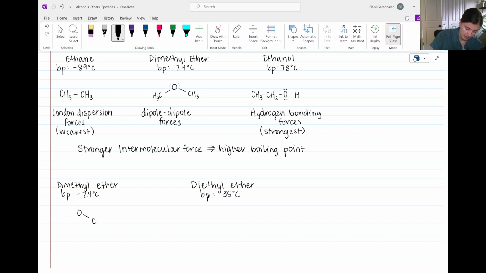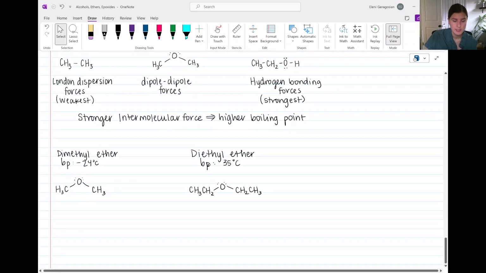Drawing out these molecules, they are ethers, so we have oxygen bonded to two carbon chains. For dimethyl ether, both of those chains are methyls. For diethyl ether, both of them are ethyl groups. So here's a condensed Lewis structure.